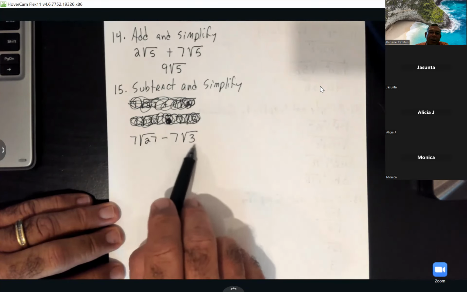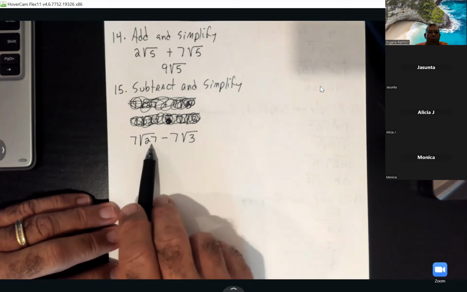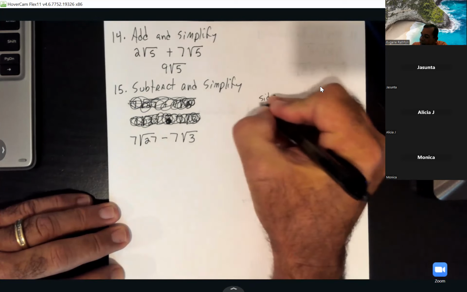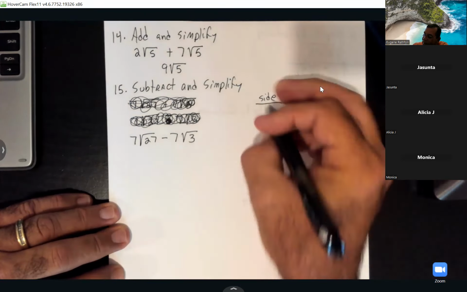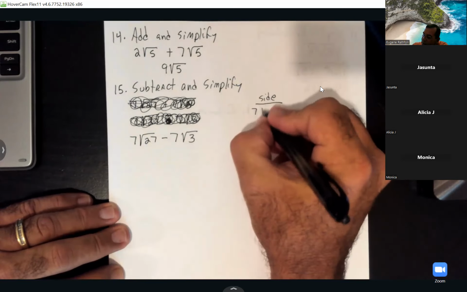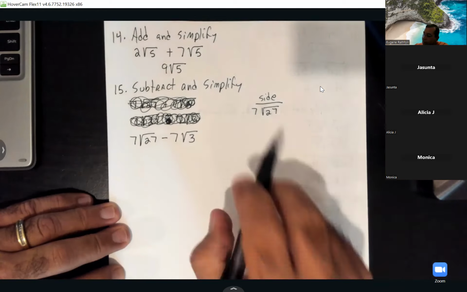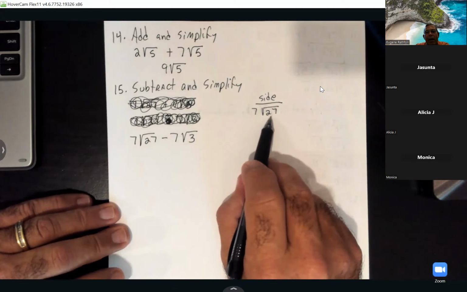Now, y'all, there's nothing I can do with that square root of 3. But I'm going to play with this square root of 27 and see what that'll do. So on the side here, I'm going to try to simplify 7 square root of 27. And I'm really focusing on that radical.